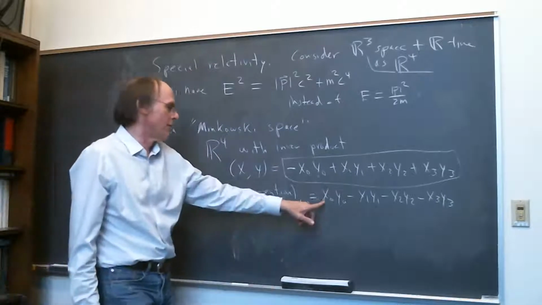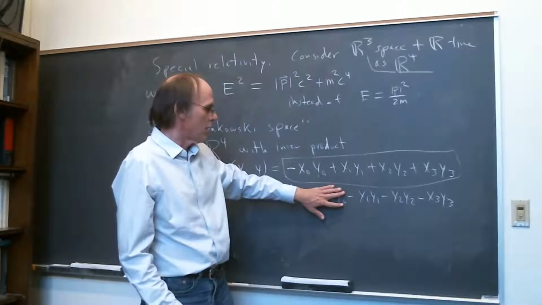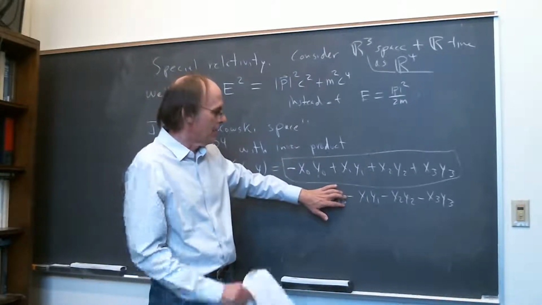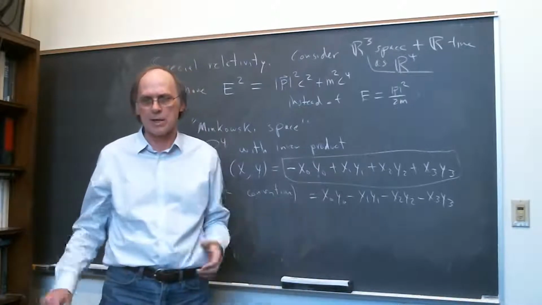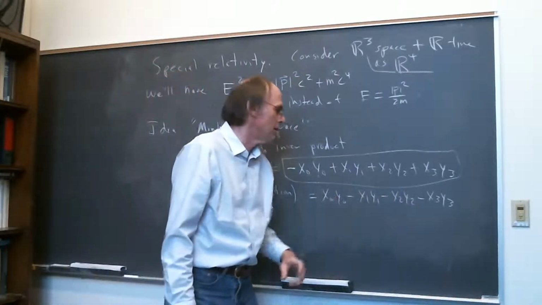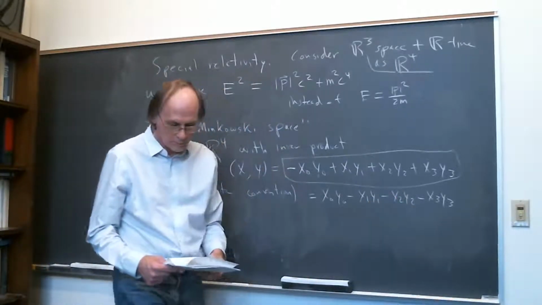Whereas if you work in this convention, then at t equal to 0, you've got an R3 whose inner product is negative definite, negative the usual thing, which makes it hard to see what you're doing.